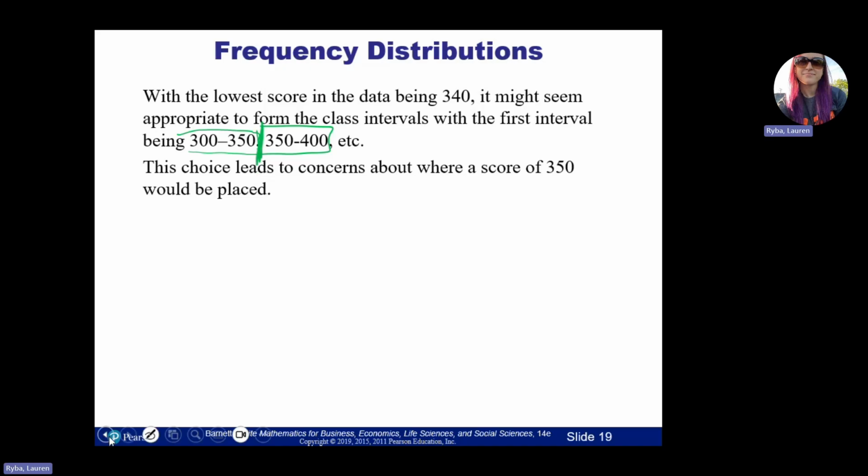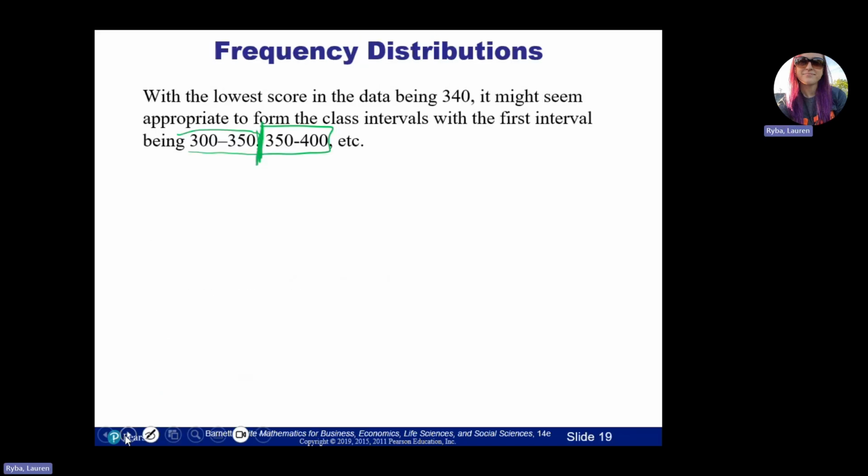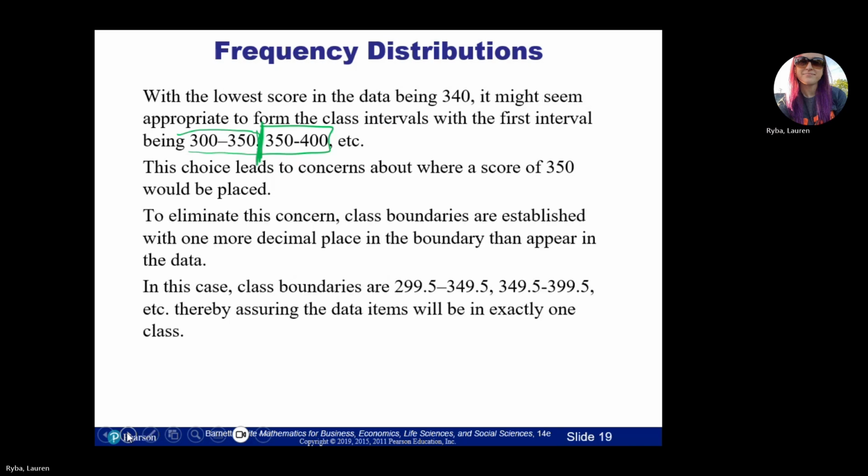So another thing that we can do, rather than saying like what I did back here was 300 to 349, those are the scores that are going to be in that first grouping. What they do is they add like a half. Or drop everything back a half. So like, you want the scores the way I wrote it in the first category, 300 to 349. We want those scores to be in the first group.